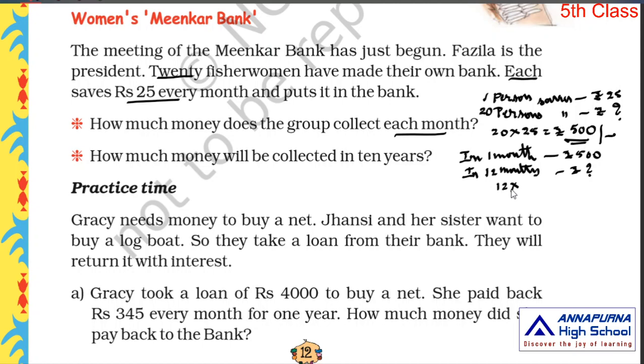So 12 into 500 rupees. You know the multiplication: 12 zeros are 0, 12 zeros are 0, 12 fives are 60. So in 1 year, which means 12 months, they saved 6,000 rupees.